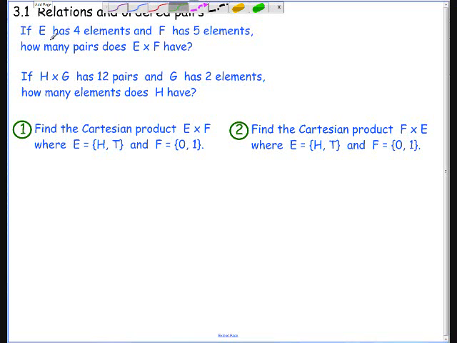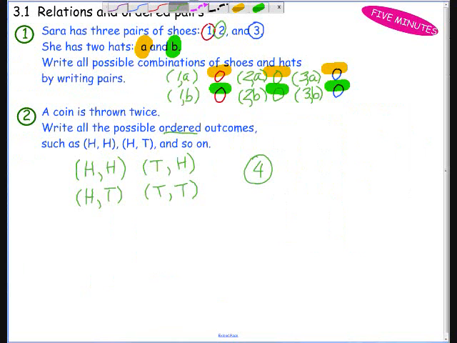If E has 4 elements and F has 5 elements, how many pairs does E cross F have? Well, we have seen in some previous examples, when we had 3 elements and 2, we got 6 members. 2 and 3 member sets yielded 6.